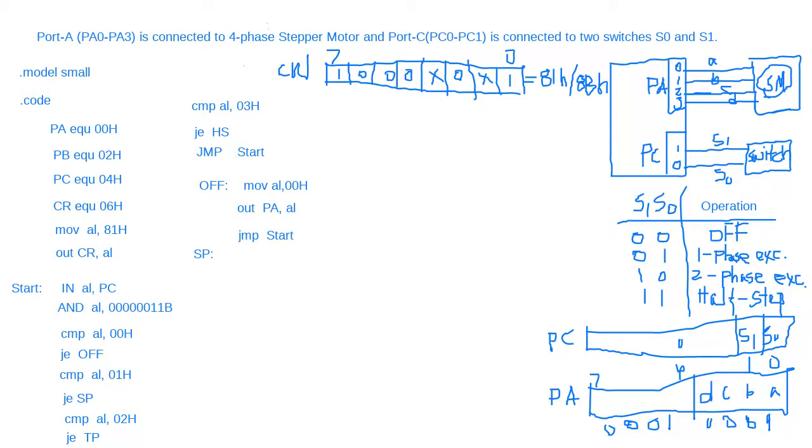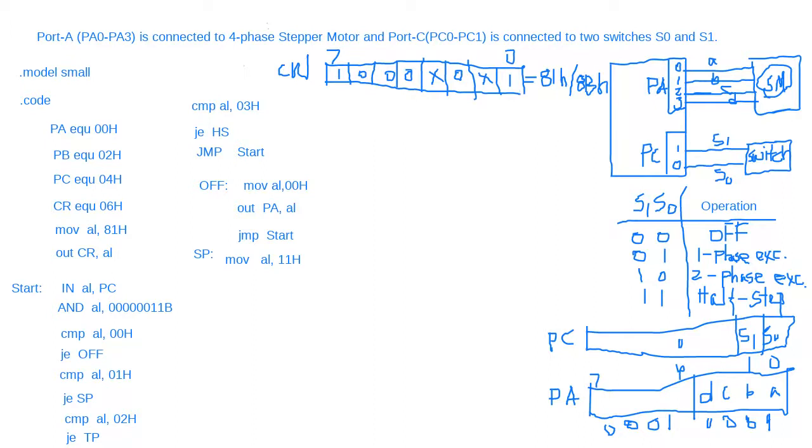So MOV AL, 11H. And also we have to make a complete rotation. A 360-degree rotation is done in four steps.